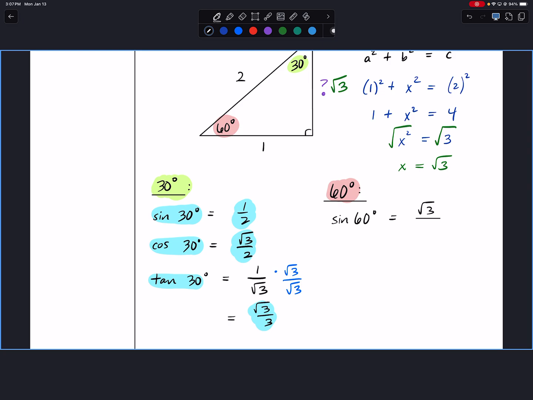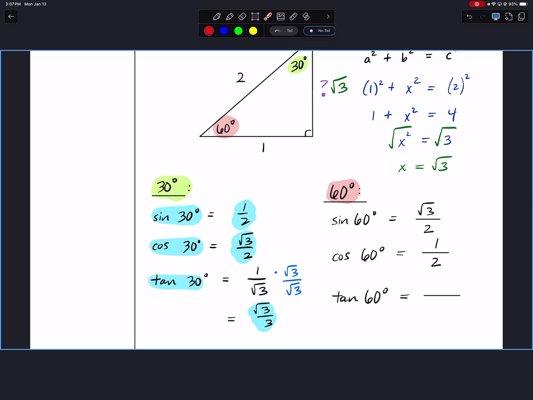Nope. So root 3 over 2. Cosine of 60 degrees. Adjacent over hypotenuse. So what side is adjacent to 60 degrees? 1 over 2. Tangent of 60 degrees. Opposite over adjacent. Opposite of 60 we said was root 3 over 1. So it's just square root 3.